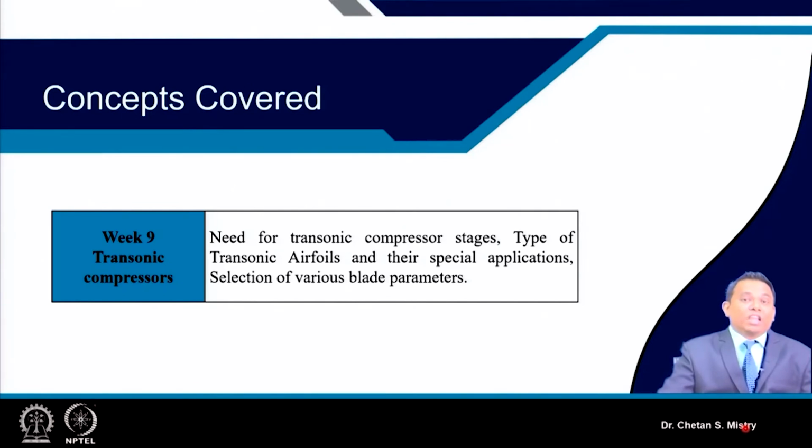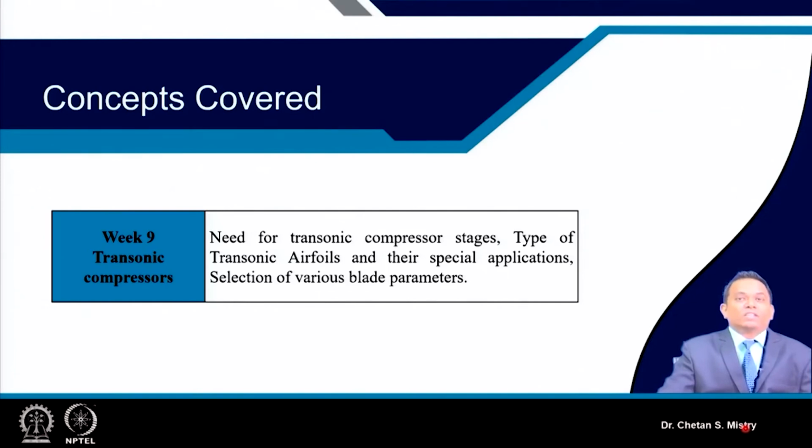We were discussing double circular arc aerofoil and controlled diffusion aerofoil. We also discussed multiple circular arc aerofoil and S type aerofoil, and later, after understanding the flow structure, we tried to get our camber line, which is required for generation of these aerofoils. We also discussed the distribution of the thickness over this camber line.